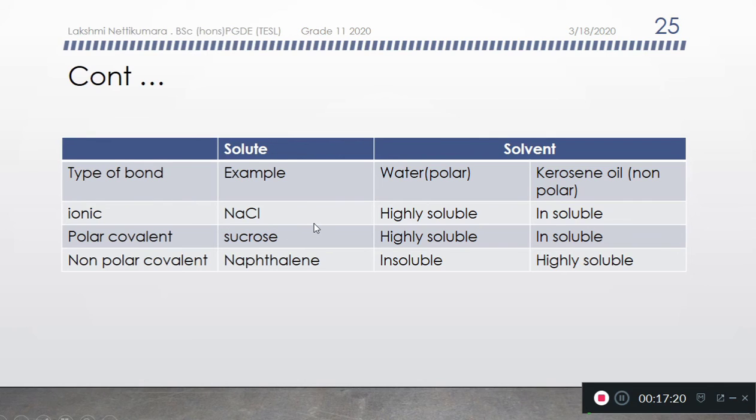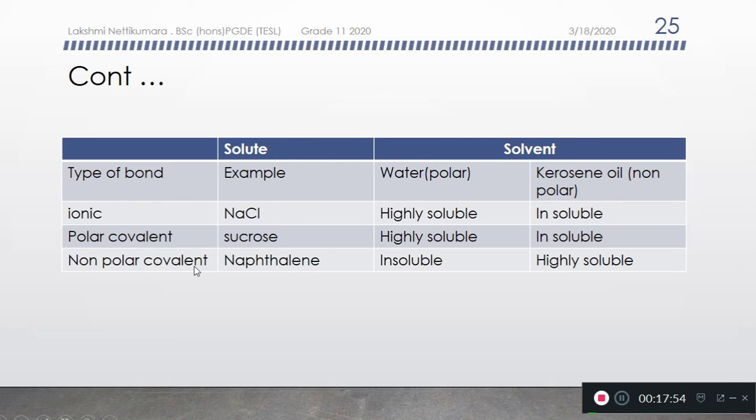This table gives you the type of bond, solute and the solvent. Ionic compounds, for example sodium chloride, are highly soluble in polar solvents, insoluble in non-polar solvents. Polar covalent compounds such as sucrose are highly soluble in polar substances, insoluble in non-polar solvents.